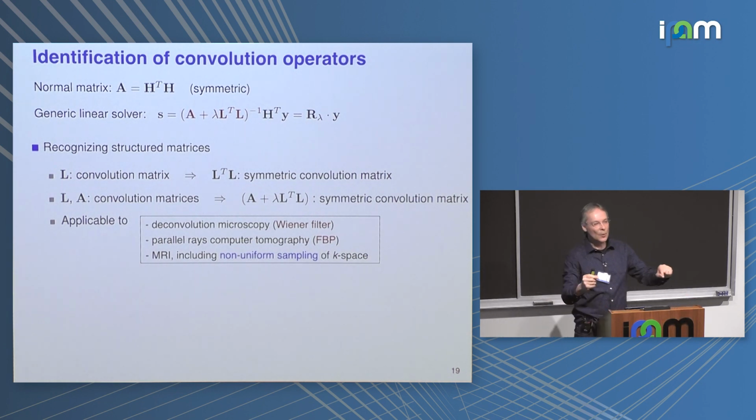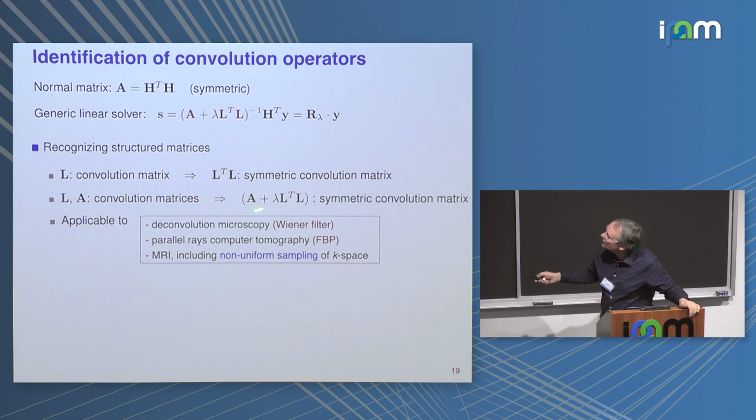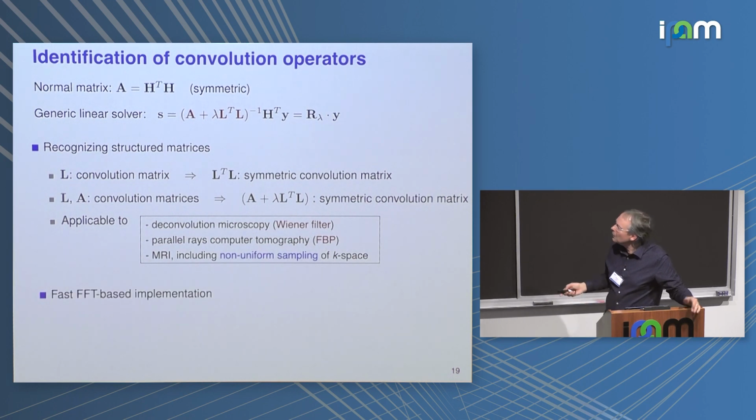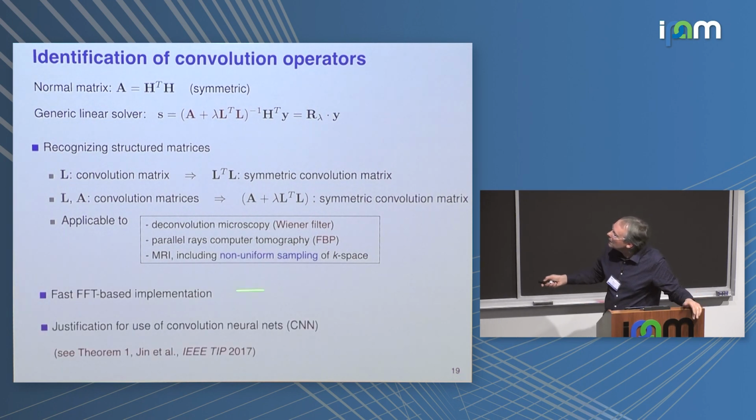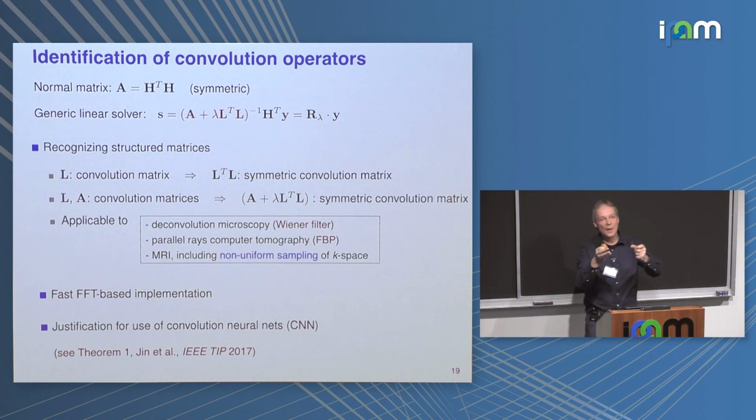And if it's MRI, even with non-uniform samples, so even if you are collecting data in the Fourier domain, in fact, this normal matrix is also a convolution. And then you can either use FFT-based implementation, or that will justify actually that you have an algorithm that does convolution, pointwise nonlinearity followed by convolution, etc.